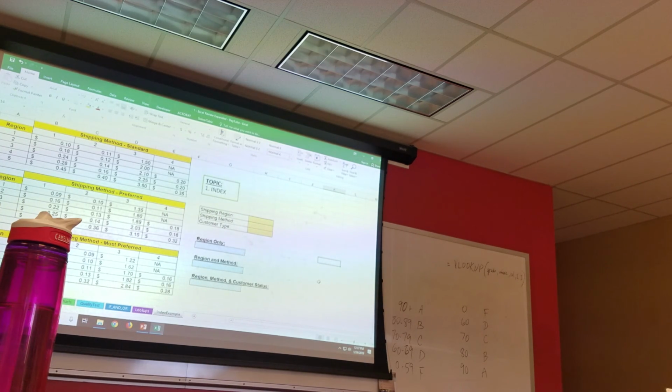There's another type of function which is essentially looking up for you also, and it's called index. An index is a function that looks up for you the contents of a cell. Tells you what value, tells you what's in that cell.